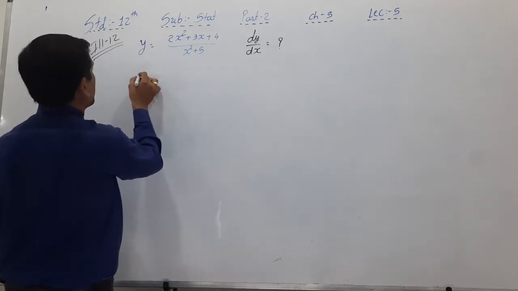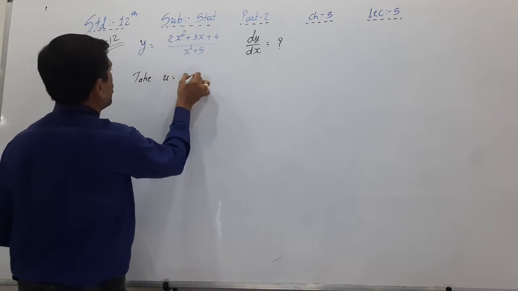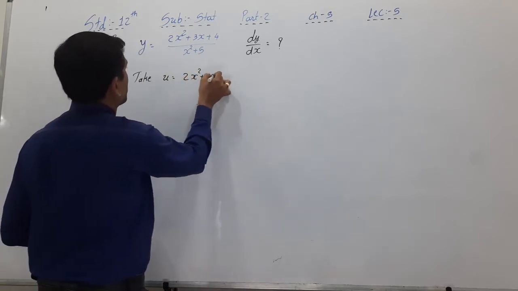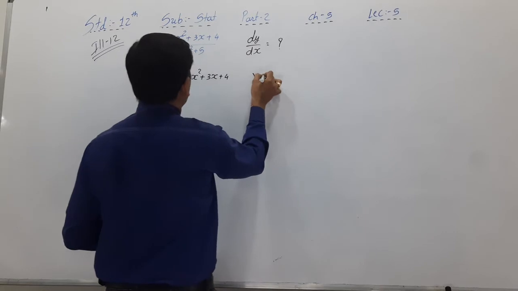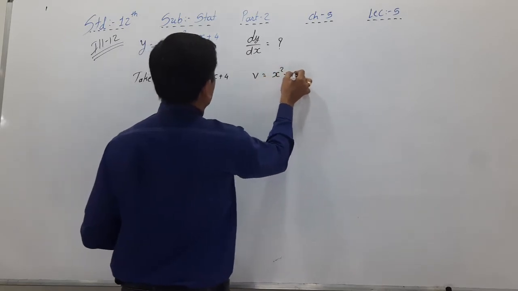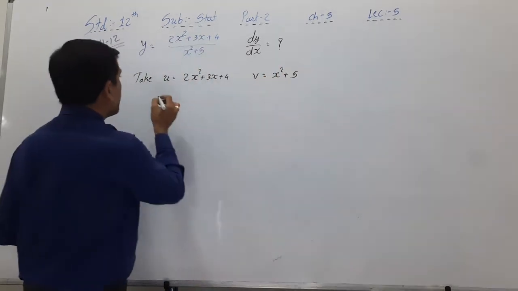For that, first of all take u equal to 2x square plus 3x plus 4 and v equal to x square plus 5.